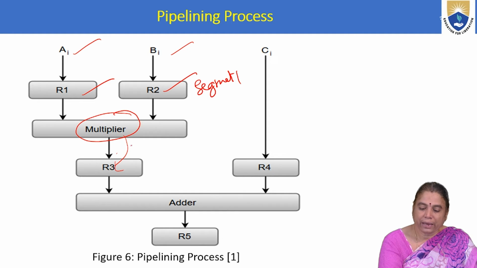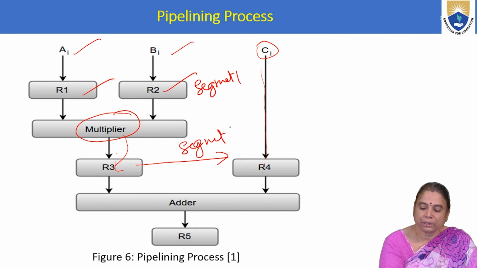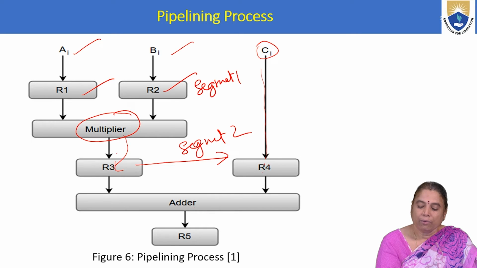At the same time, the third value can be stored in the register R4. So this is the segment 2 operation. This product can be added with the help of an adder circuit with the third number stored in R4 and the result is stored in the register R5. So this is the segment 3 operation.